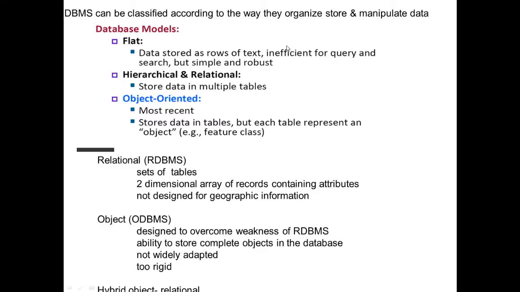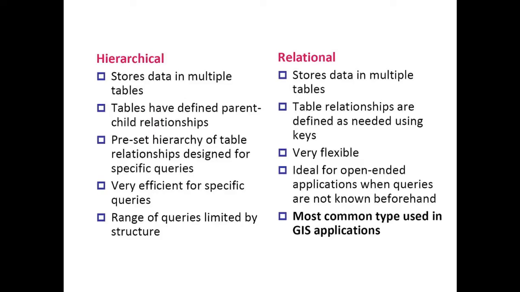If it's stored just in simple rows of text, if it's a flat model, if it's a hierarchical or relational model where you've got tables that are all relating to each other in different ways, or if it's an object-oriented model. And in GIS, mostly they're object-oriented models. So you have like an object, and then all of your tables are going to be referring to that singular object.